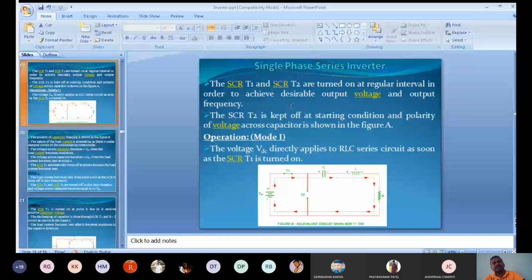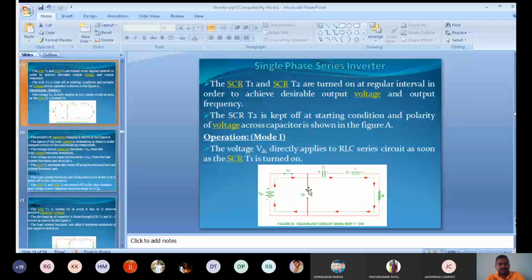SCR T2 is kept off at the starting condition, and the polarity of the voltage across the capacitor is shown in the figure.